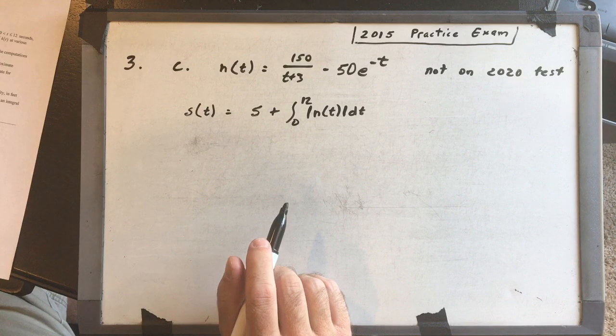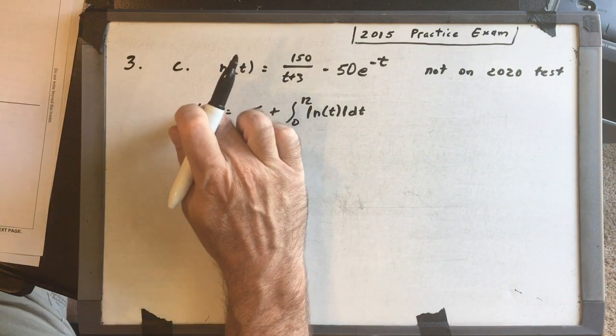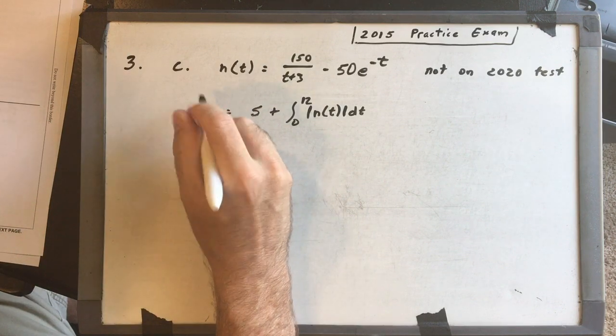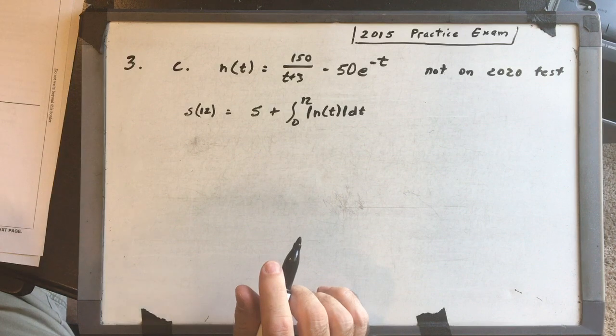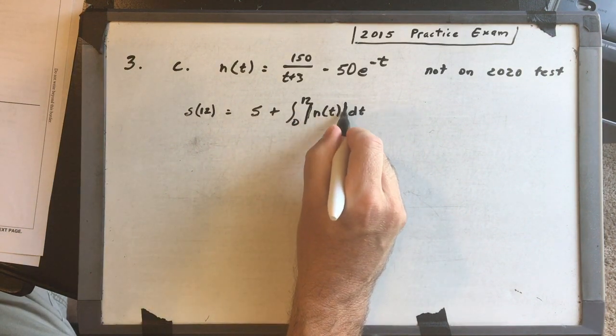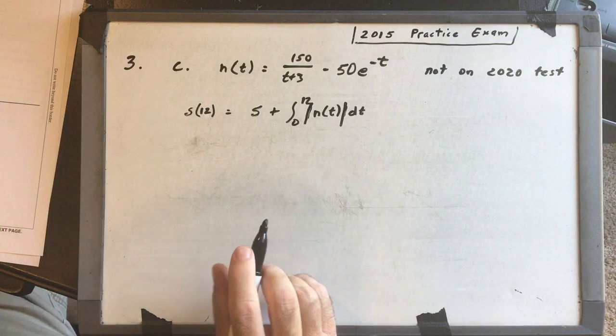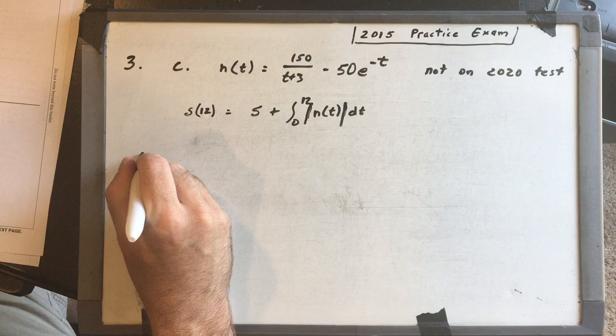But you know, that would get it. So that'd be s of 12. I don't think that'd be on the 2020 test, but part D might be.